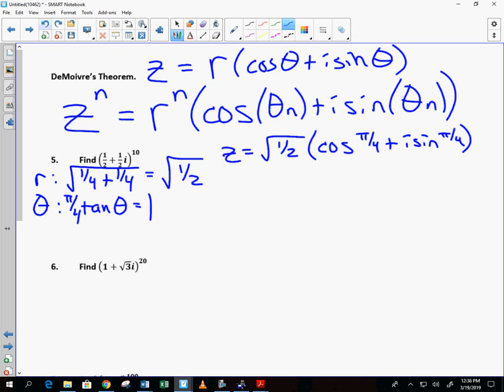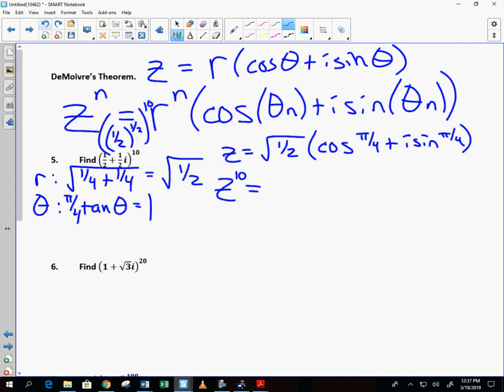Well, what do we want to do with z? What's the whole point of this problem? We want to take the number and raise it to the 10th power. So we know that z to the 10th is equal to, what do I do with the square root of 1/2? I got to take it to the 10th. So think about this, folks. This kind of tests some of our knowledge about exponents, but I've got 1/2 to the 1/2 to the 10th power, right?